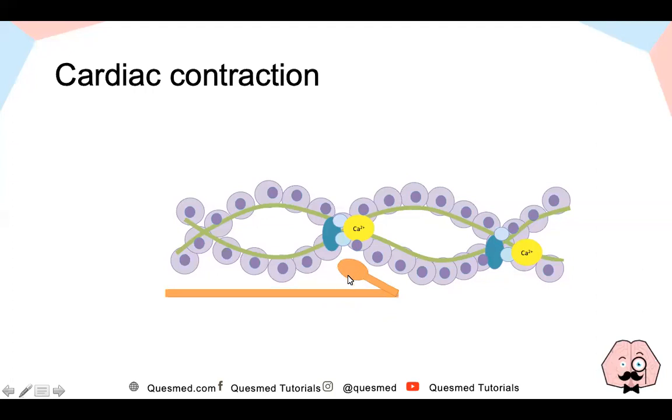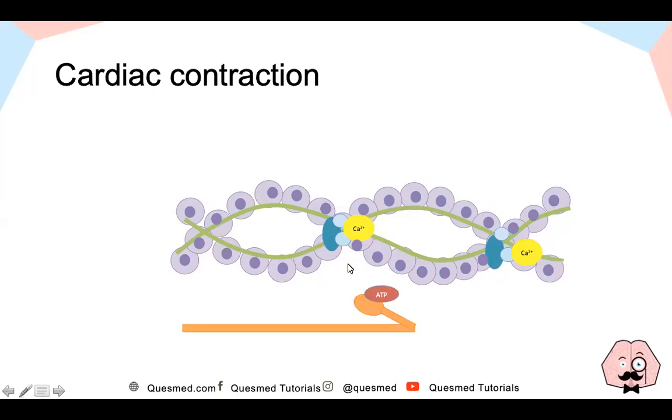The myosin head has some stored energy in it, and the point where the myosin moves, with a conformational change in the myosin, is called the power stroke. This pulls the thick filament forward along the thin filament. Next, ATP binds to the myosin head, and this dislodges the myosin head from the thin filament.